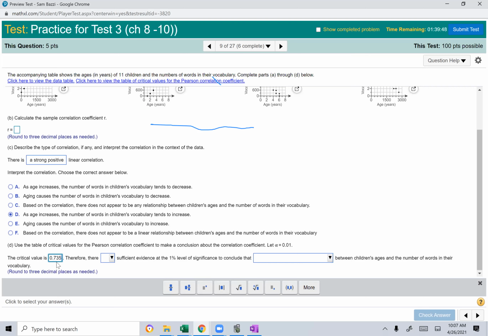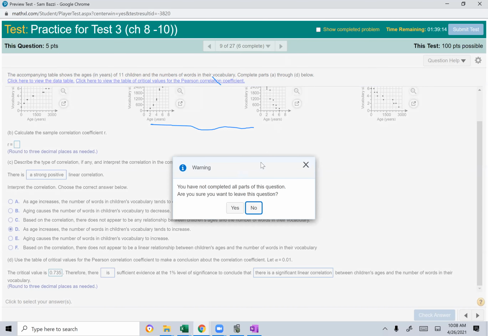And because the absolute value of R is bigger than 0.735, the table tells us to conclude that the correlation is significant. Then there is sufficient evidence at the 1% level of significance to conclude that there is a significant linear correlation between the children's age and the number of words. If R was less than this value, then you say there is not sufficient evidence to conclude that there is a correlation. Okay, so that takes care of this question.